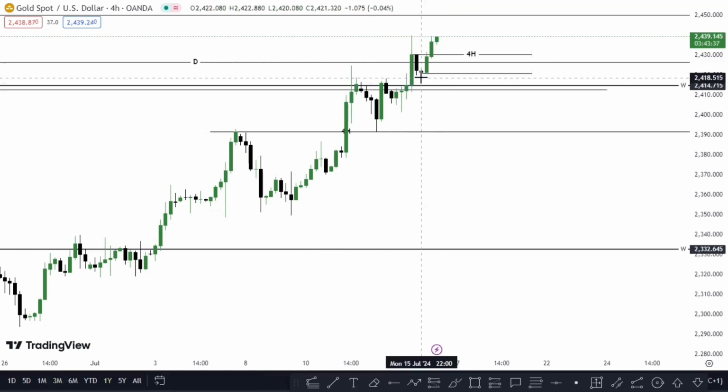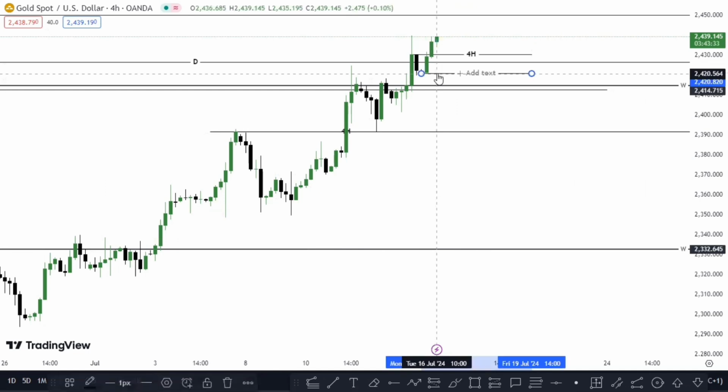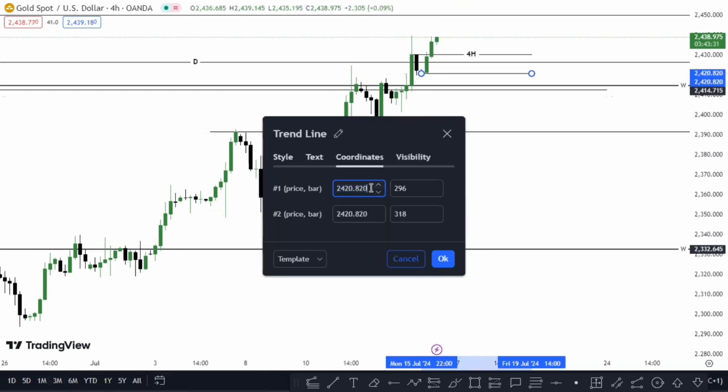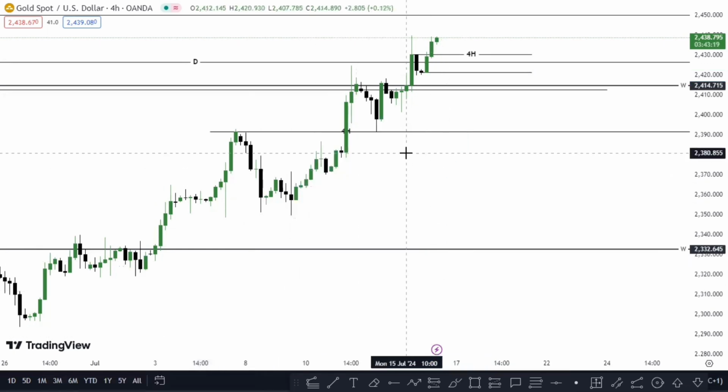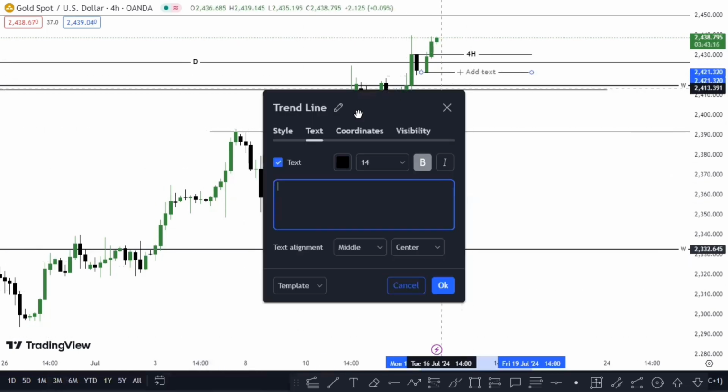The close price is 2421.320. Then I'll lock it. I'll indicate that it's from the 4 hours time frame.